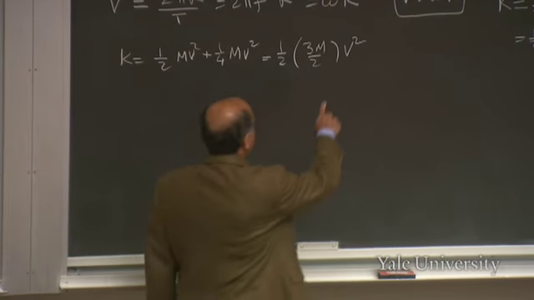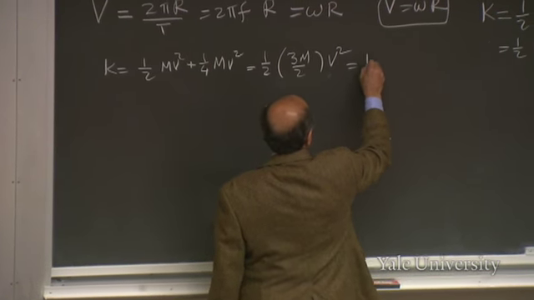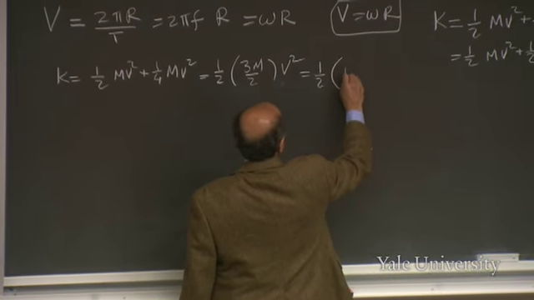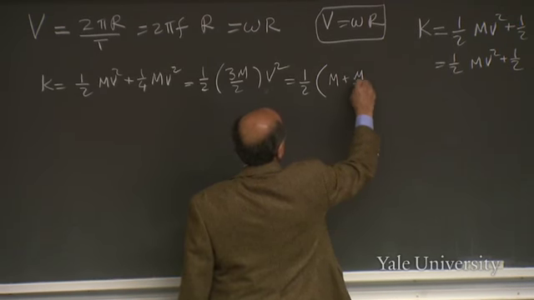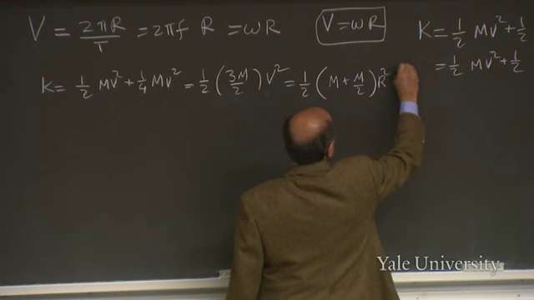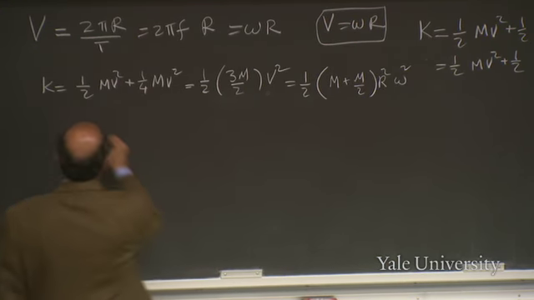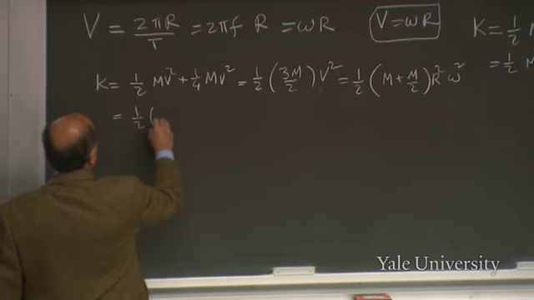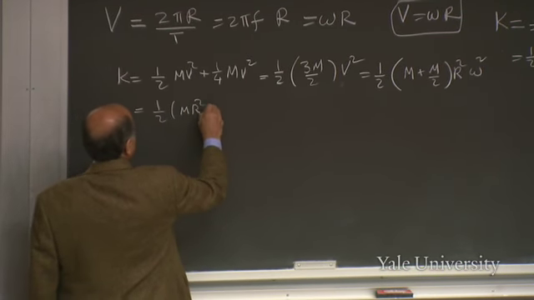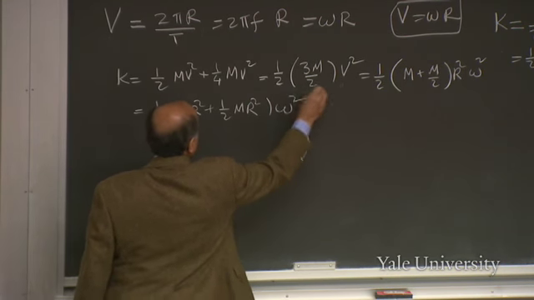But I'm going to write this in a different way. Let me replace v by omega r. So I can write it as 1/2 times m plus m over 2 times r squared omega squared. And that means it's equal to 1/2 times m r squared plus 1/2 m r squared times omega squared.